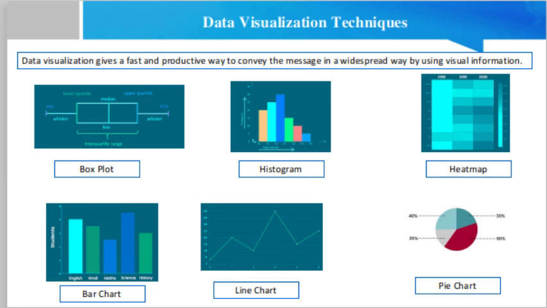Data visualization techniques. First one is the box plot. A box plot or whisker plot gives a visual outline of information through its quartiles. At first, a box is drawn from the first quartile to the third quartile of the data set. A line inside the box represents the median.